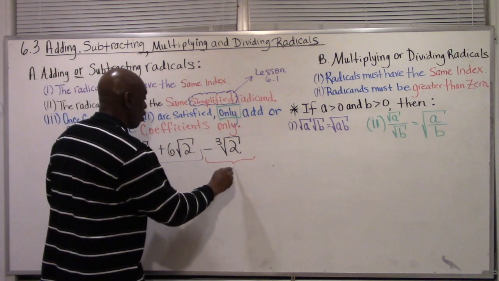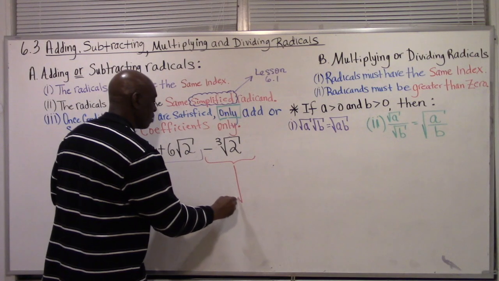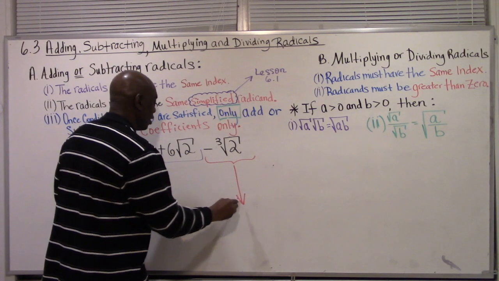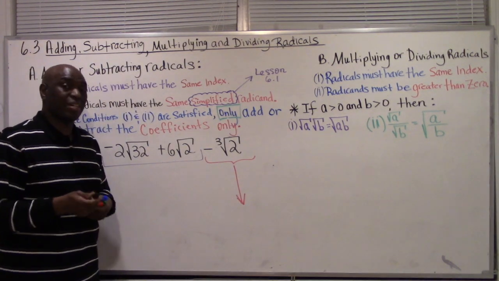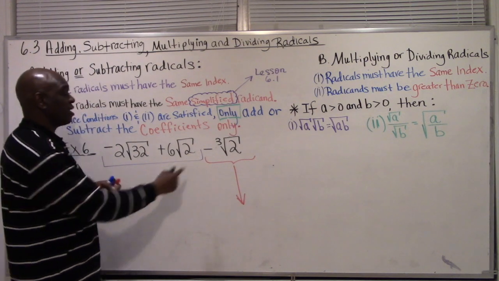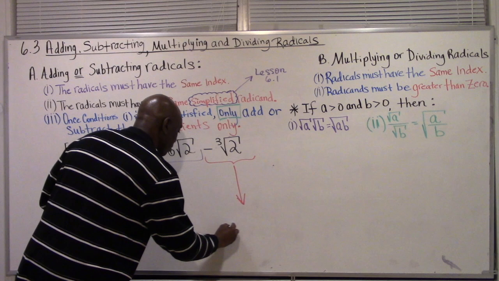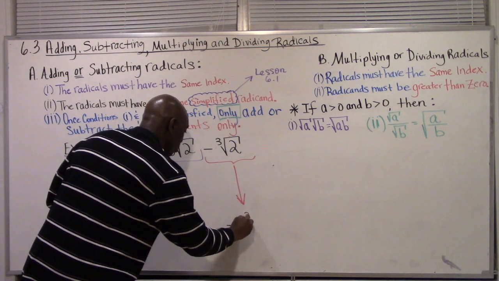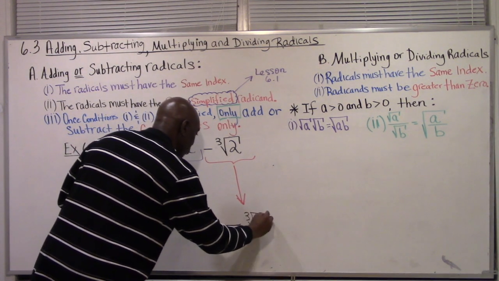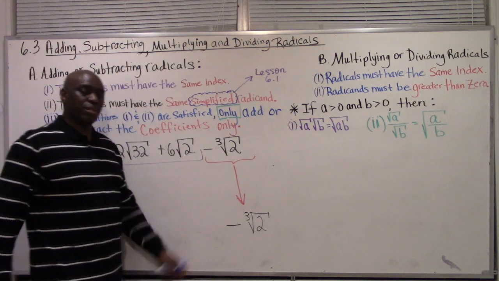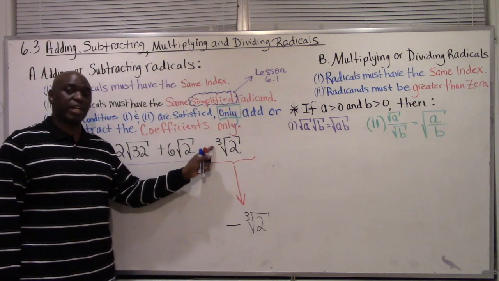All we do with him is bring him down. That's the only thing we can do with him. Bring him down because his index is different. See, his index is a 3. So I'm going to have a minus the cube root of 2. Nothing to do with him. Different index, bring him down.